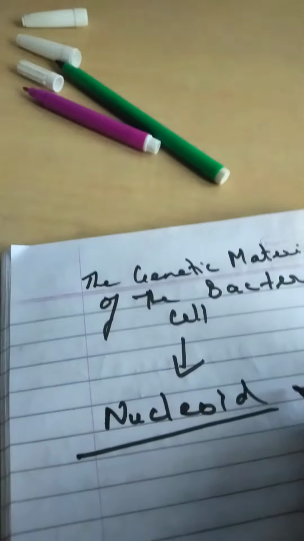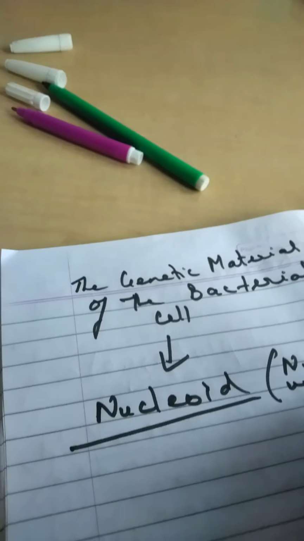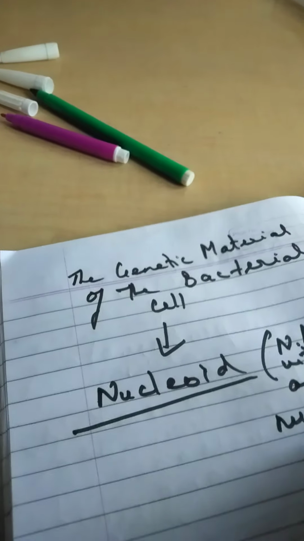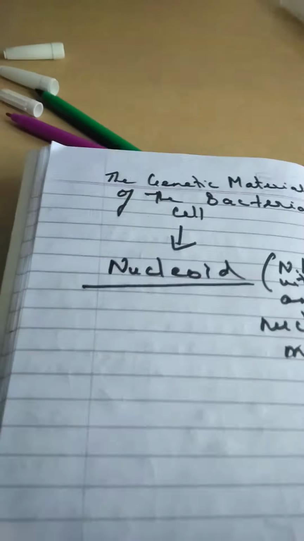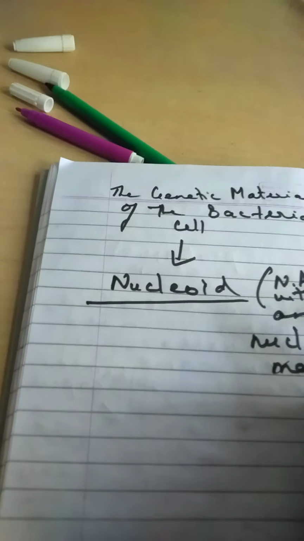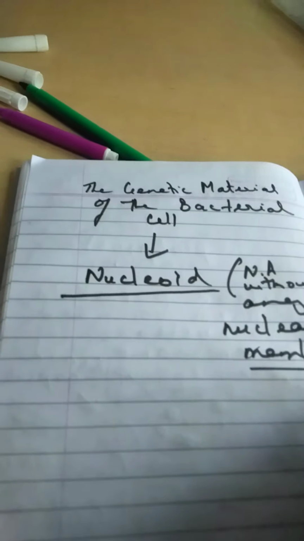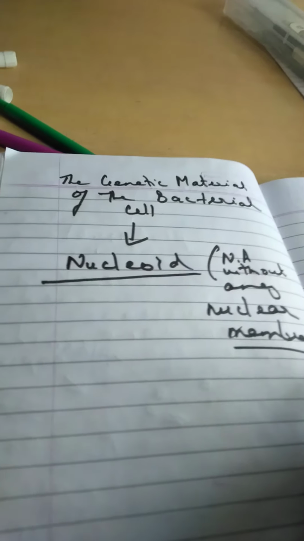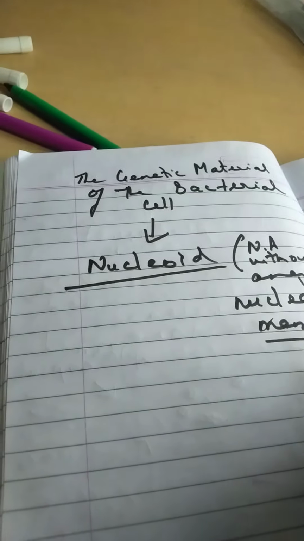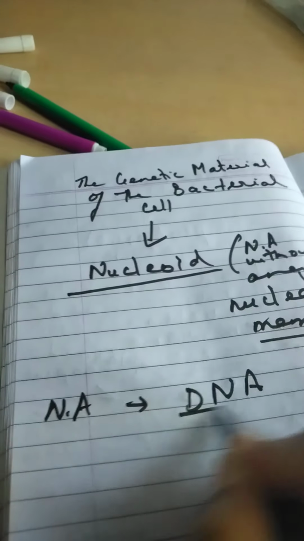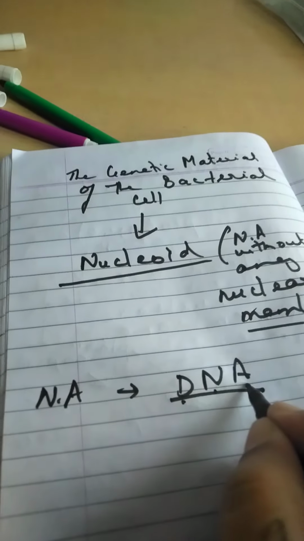This nucleoid contains the nucleic acid without any nuclear membrane. Generally, this nucleic acid is in the form of DNA. We all know the full form of DNA, that is deoxyribonucleic acid.